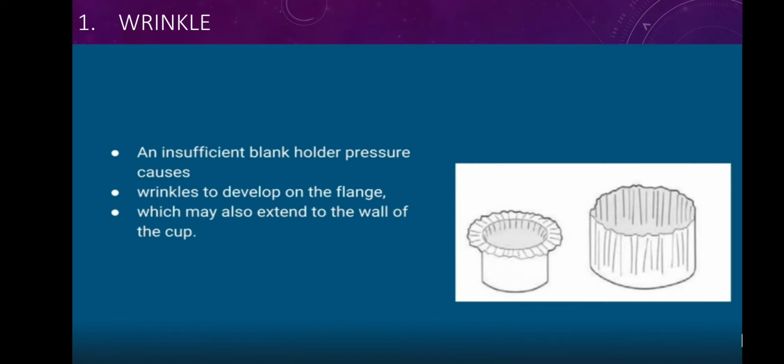Generally, the flange of the blank undergoes radial drawing stress and tangential compressive stress during the stamping process, which sometimes results in wrinkles. Wrinkles are preventable if the deep drawing system and the stamped part are designed properly.